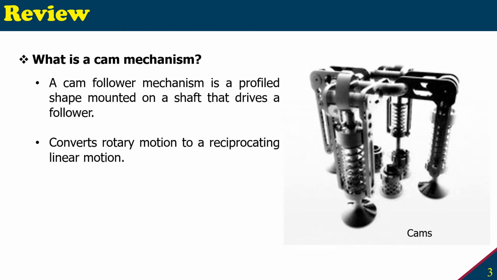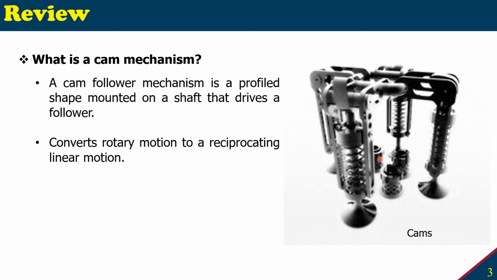So let's start with discussing what a cam mechanism is and why it is important. A cam follower mechanism is a profiled shape mounted on a shaft that drives the follower.